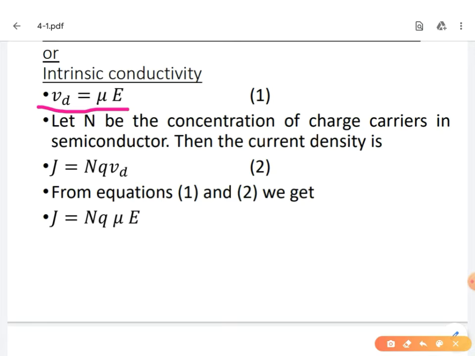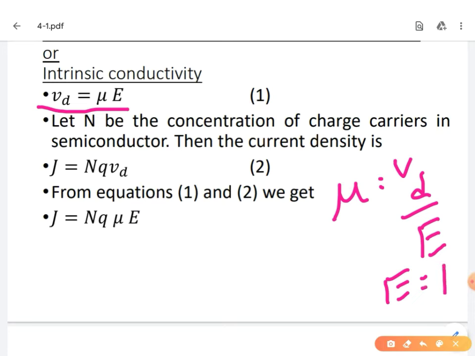It is simply written as mu equal to Vd by E. Whenever E equal to 1, mu equal to Vd. That means the velocity acquired by the electrons by the application of unit electric field is called its mobility.